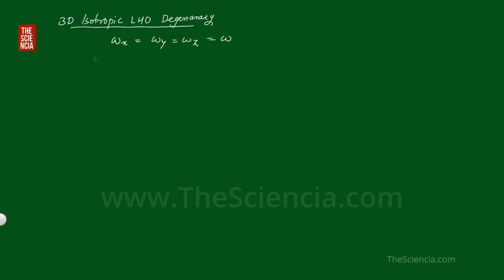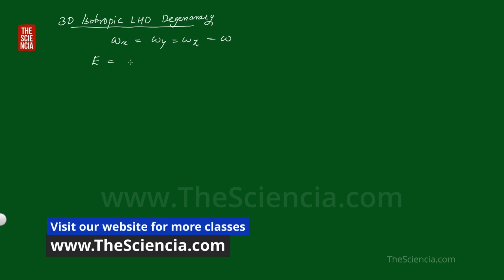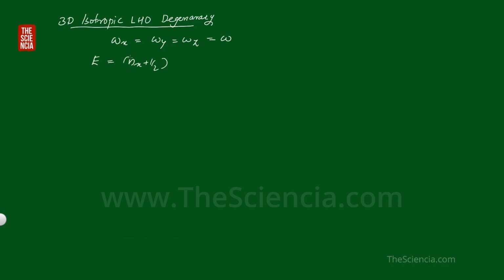And we know the expression for energy, that is E is equal to (nx plus half) h cross omega x plus (ny plus half) h cross omega y plus (nz plus half) h cross omega z. This is the general expression for energy.